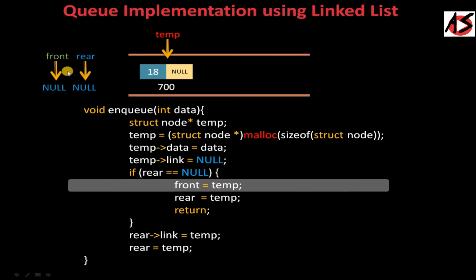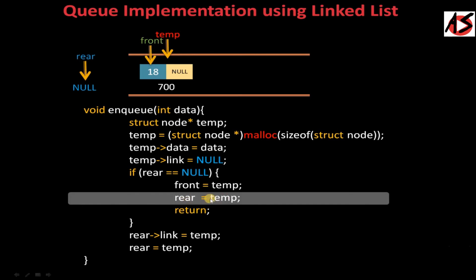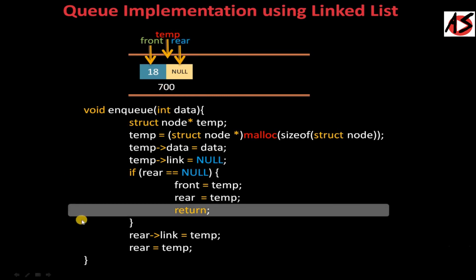Right now front is indicating null, so you shift your front to the temp node. The second instruction is rear is equal to temp, so you also set your rear pointer to the temp node. Now your front and rear are pointing to the node pointed to by temp, with address 700, and you return from the function.